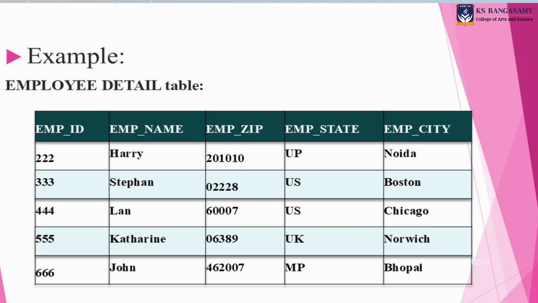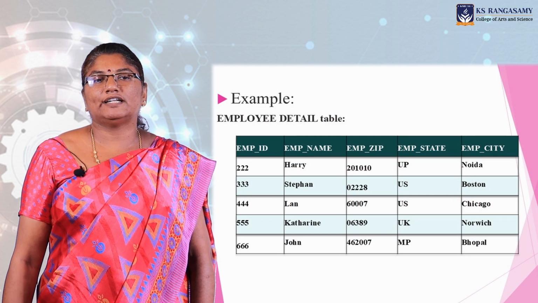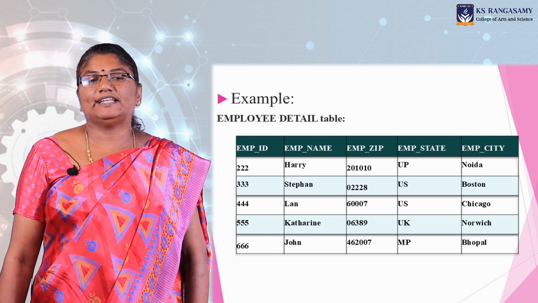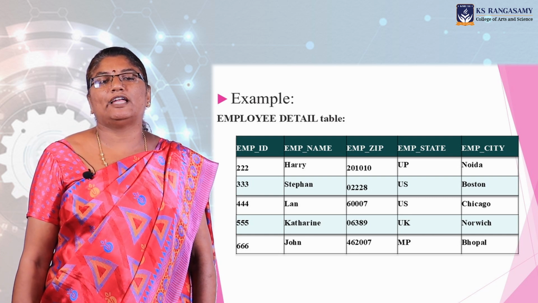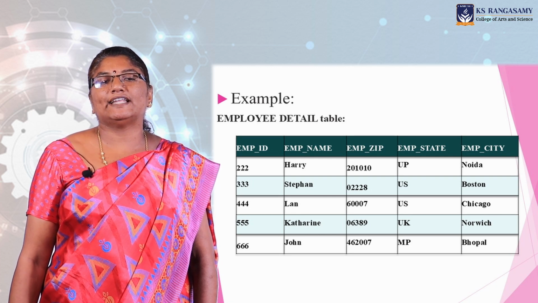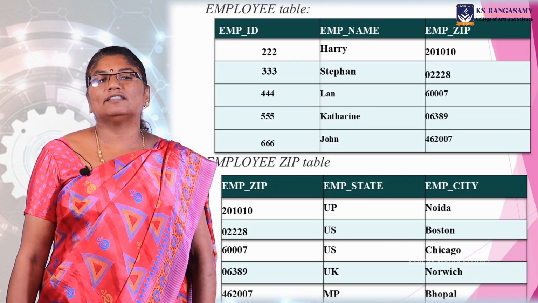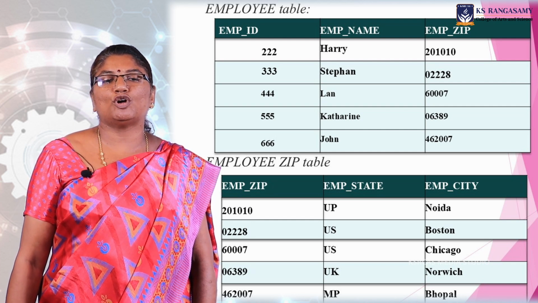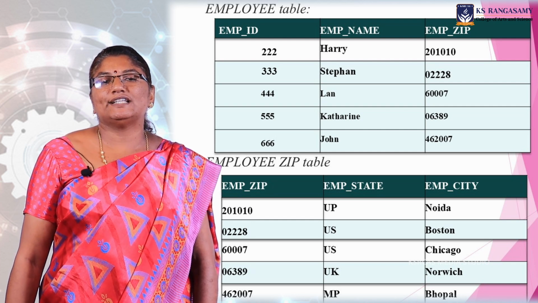For example, for third normal form, consider this employee detail table. In this employee detail table, you have the attributes employee ID, employee name, employee zip, employee state and employee city. The table is decomposed into two in third normal form, that is the employee table and the employee zip table.